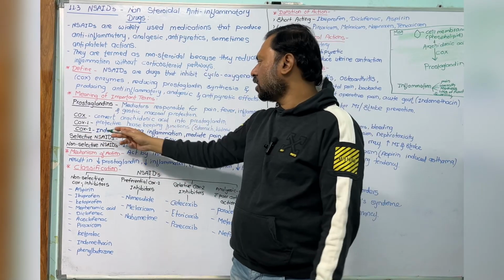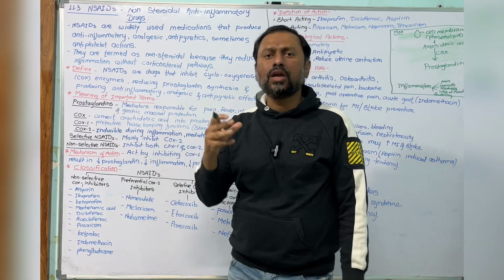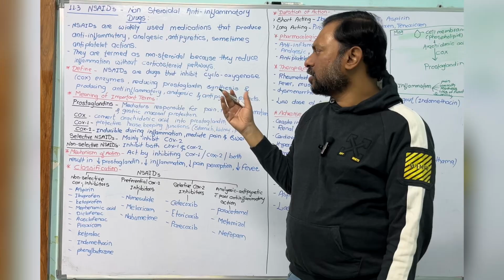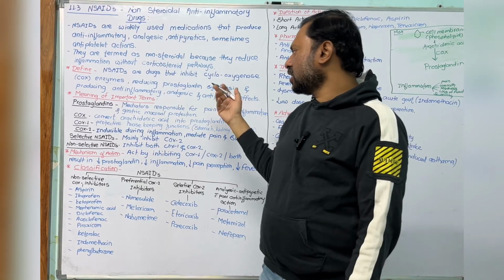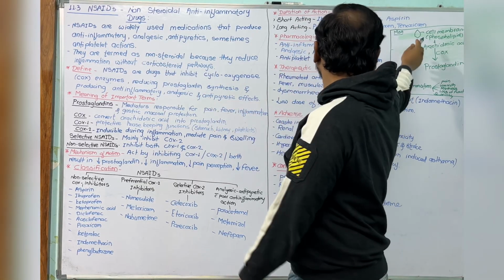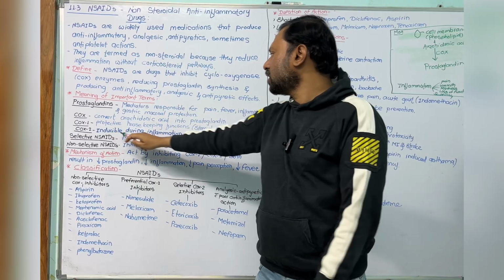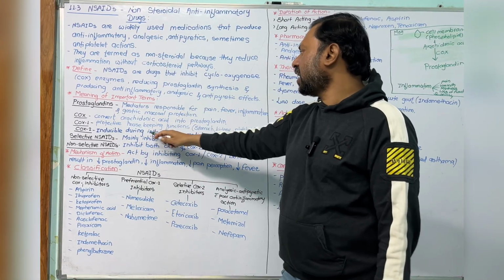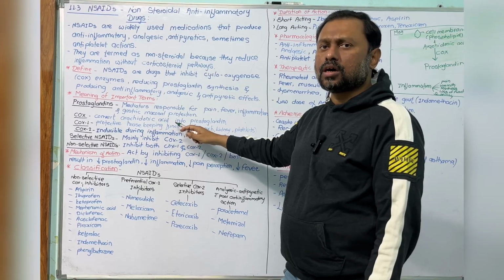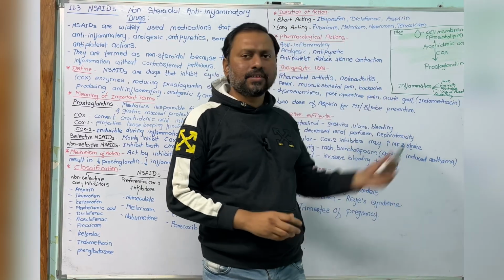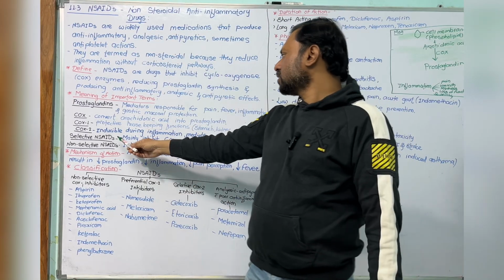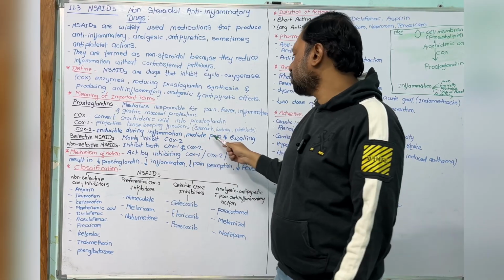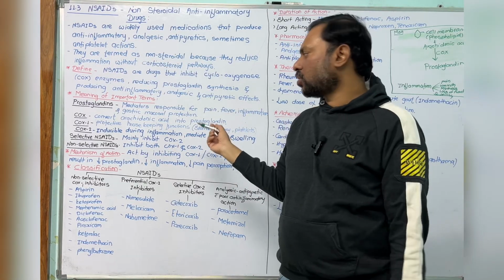It is inducible during inflammation; it is activated only at the time of infection, when the cell membrane is ruptured. Then COX-2 is secreted and produces prostaglandin. This is the main reason for pain.